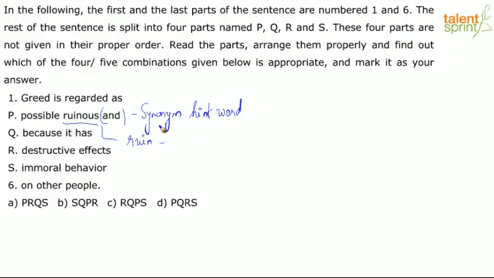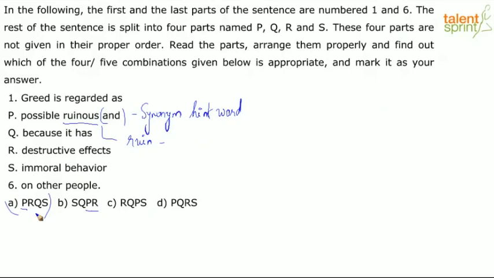So basically what we've done here is, if you know the meaning of ruinous, and you've paid attention to the synonym hint word "and", you know R has to follow P, right? The first option, though it does, logically it doesn't answer our question.